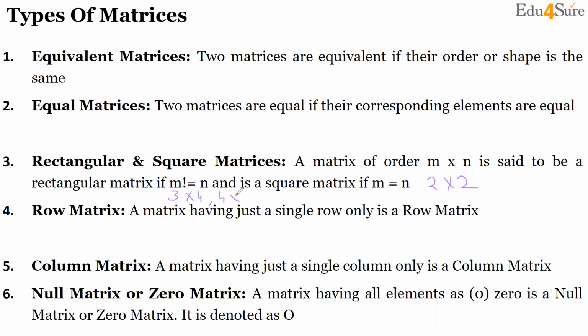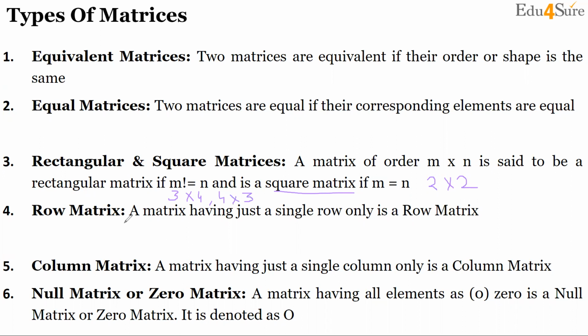In a square matrix, m equals n, where m is for rows and n is for columns. So 2 cross 2 is called a square matrix, and where the row value and the column value are not the same, it is called a rectangular matrix.